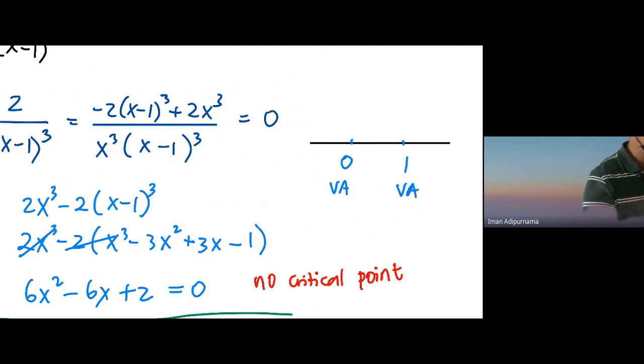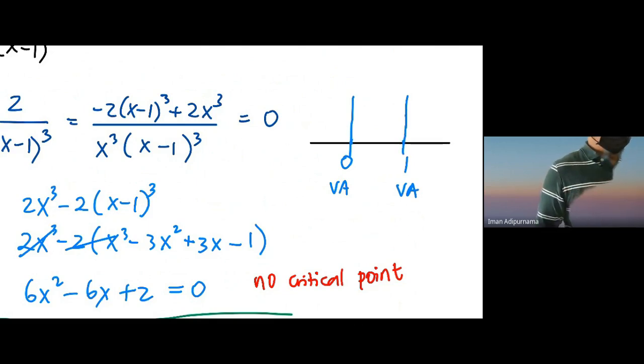So if you imagine this is an asymptote here, and then maybe we take some value, maybe -1 from the left.